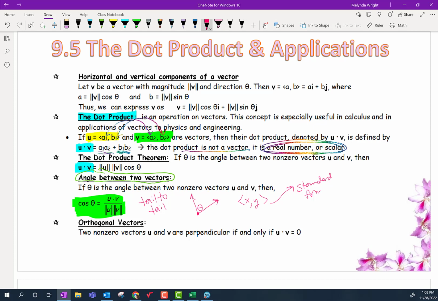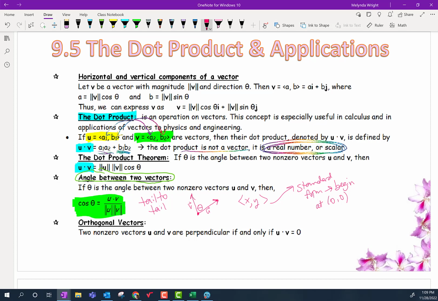This would be our vector u, perhaps that's our vector v, and theta would be what we'd be finding with this formula, the angle between them. So if our vectors are in standard form, it's very easy. Just a reminder, standard form vectors begin at 0, 0, at the origin. So they will be tail to tail and we don't have anything to worry about whatsoever.